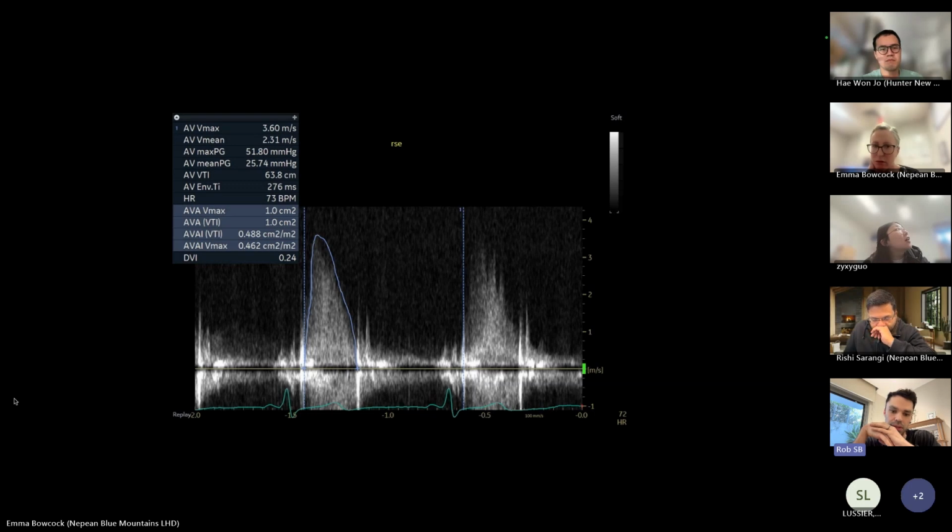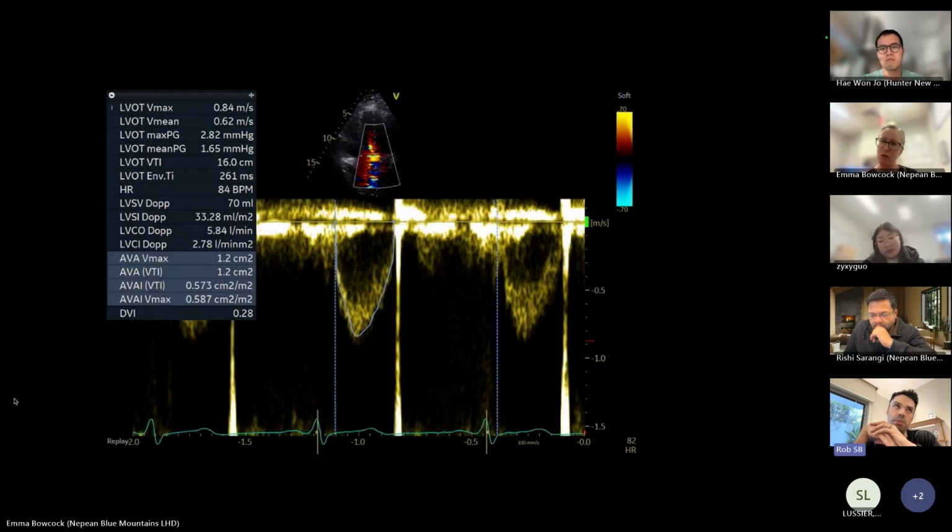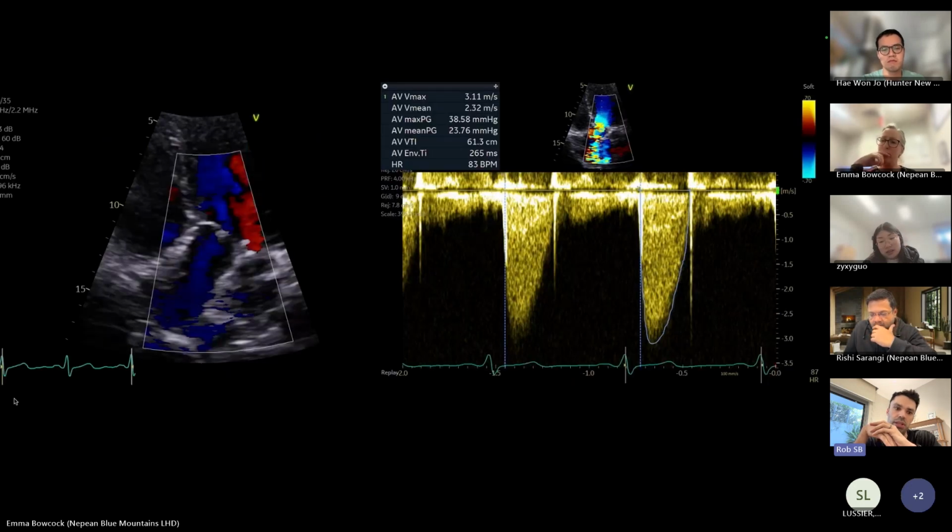That would be in the mild range if it were aortic stenosis, but the dimensionless index of 0.24 would put it in the severe range if we were using it to grade a stenotic aortic valve. Again, I've seen the aortic valve opening in 2D in the short axis view, which was not suggestive of significant aortic valve restriction in motion. So it's not in keeping.